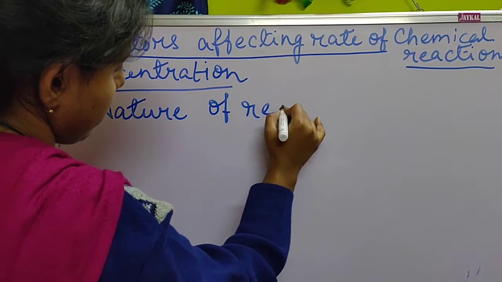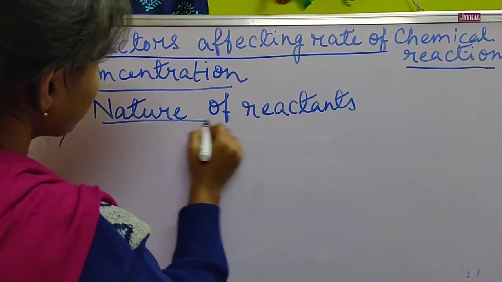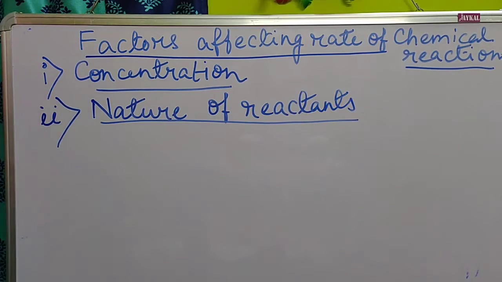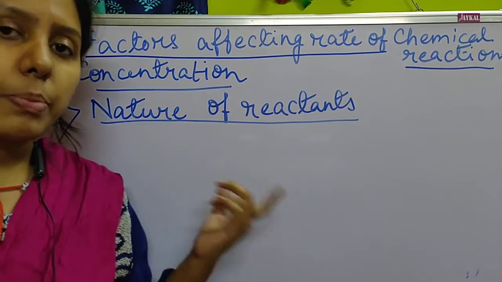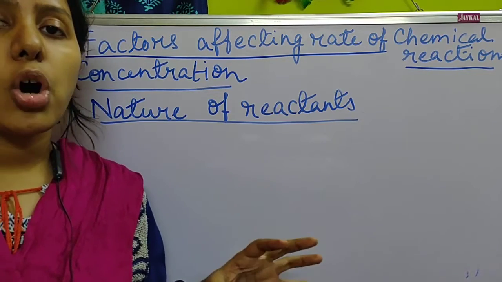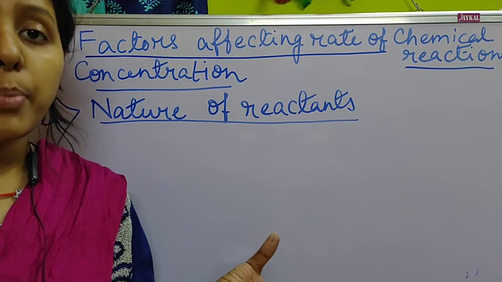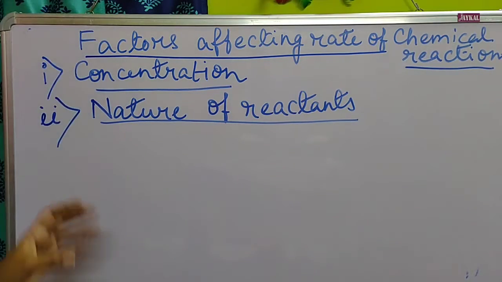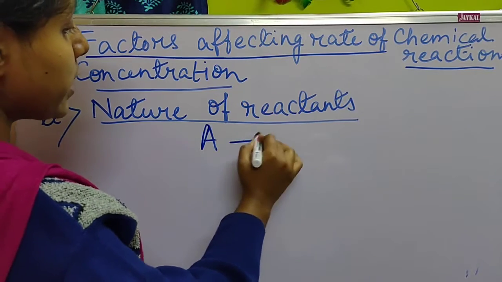reactants. Just like the different types of reactions we discussed in our previous video, which depend on the bonds that are formed and the bonds that are broken, in the same way there are different types of reactants.